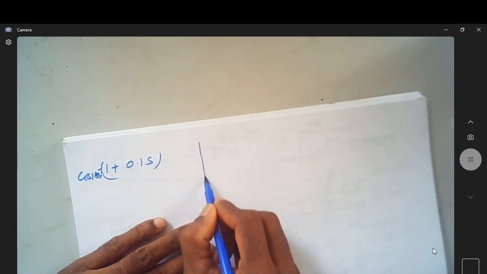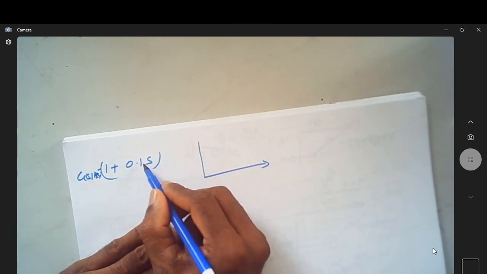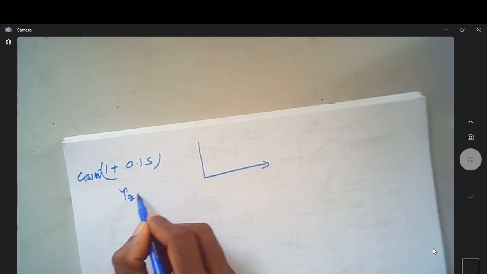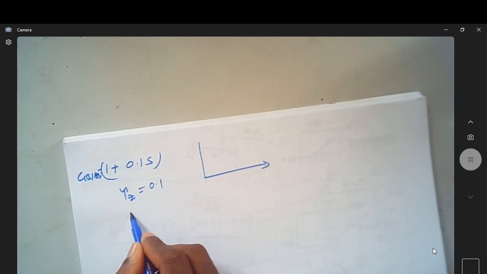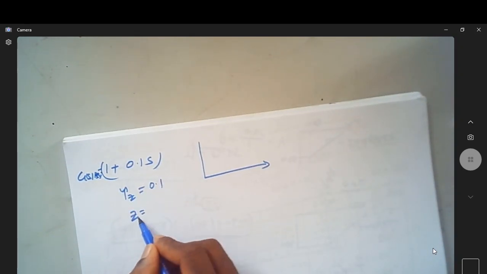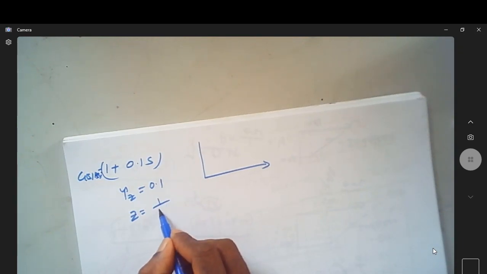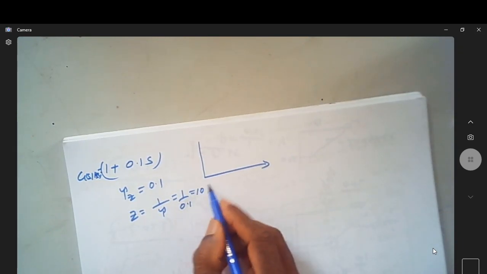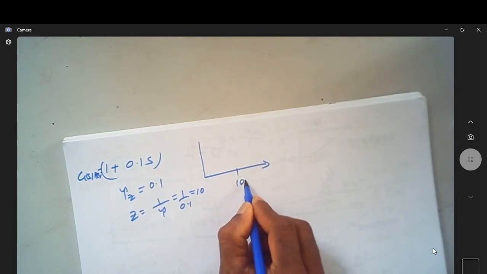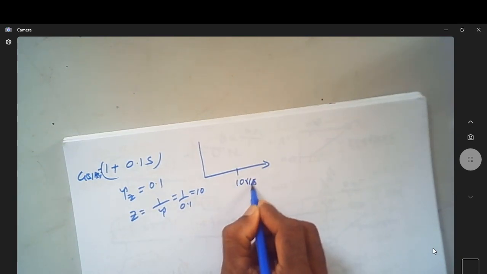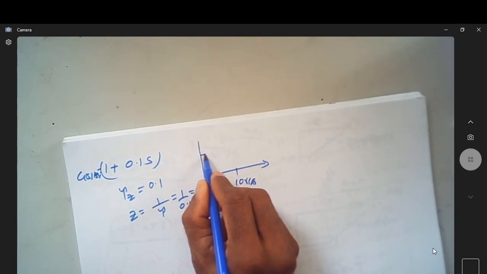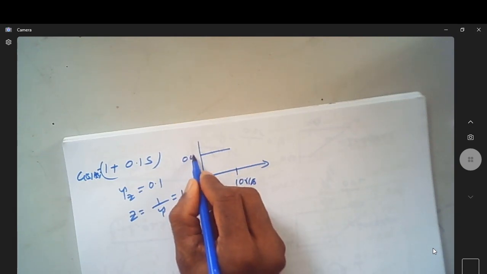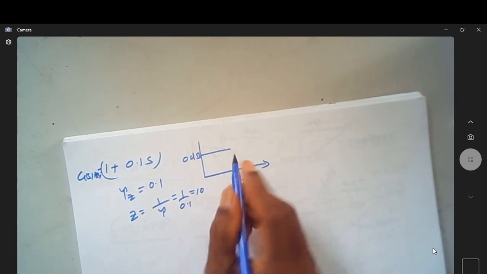What is tau z? This is 0.1. What is the z frequency? It is 1 over tau, which is 1 over 0.1, which will be 10. So till 10 radian per second, this will be a 0 dB line with no slope.